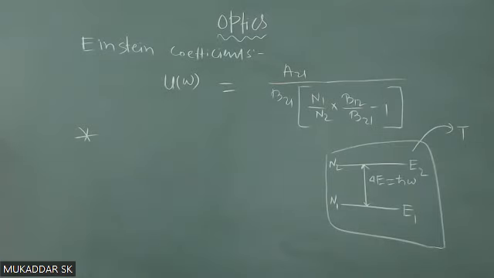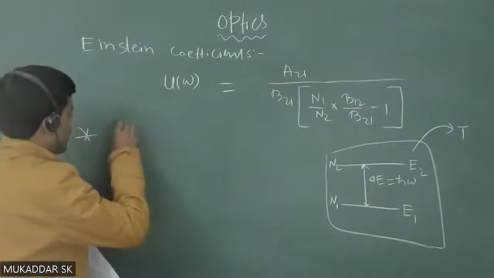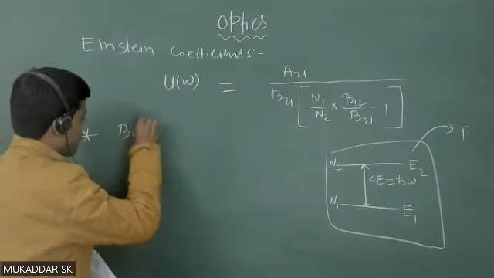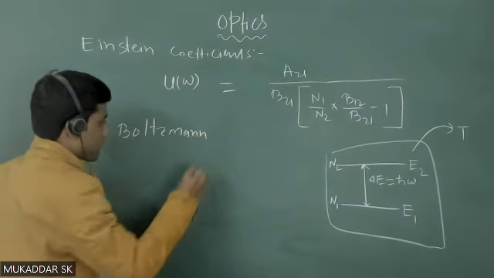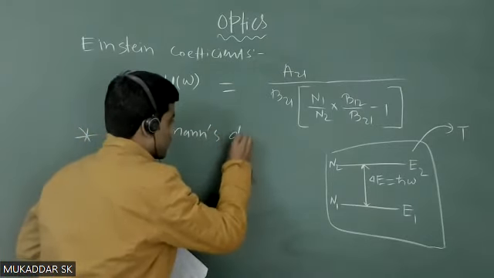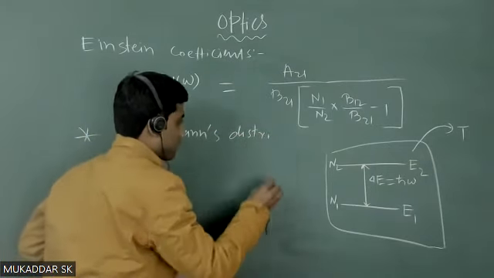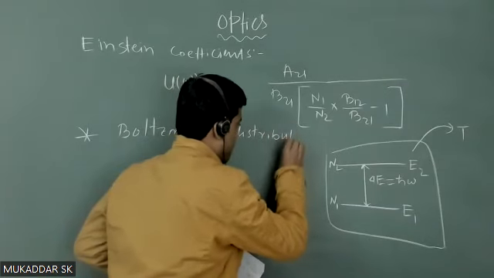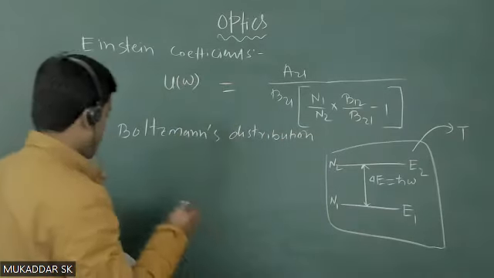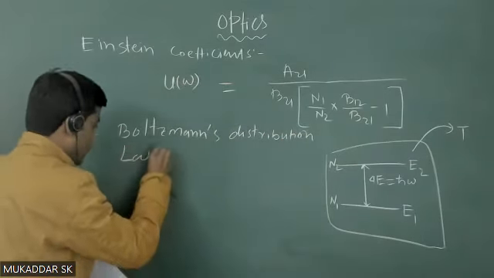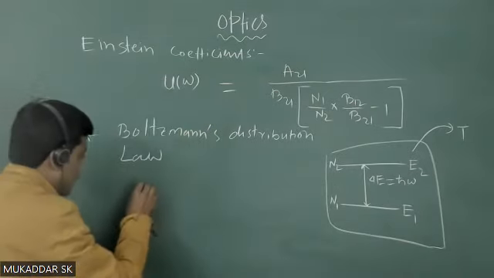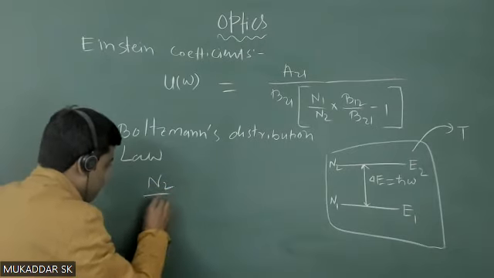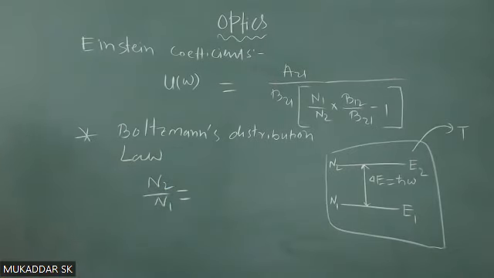According to Boltzmann distribution law, the ratio of population between two levels, N2 by N1, will be how much?